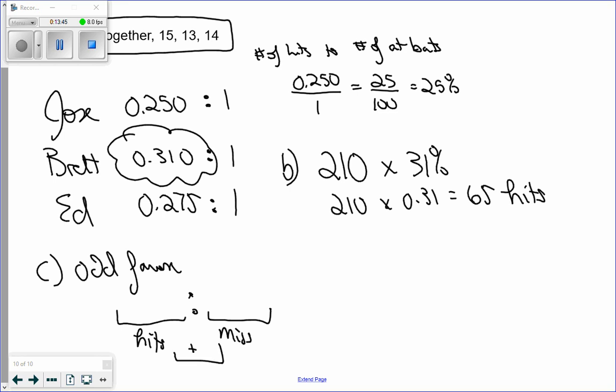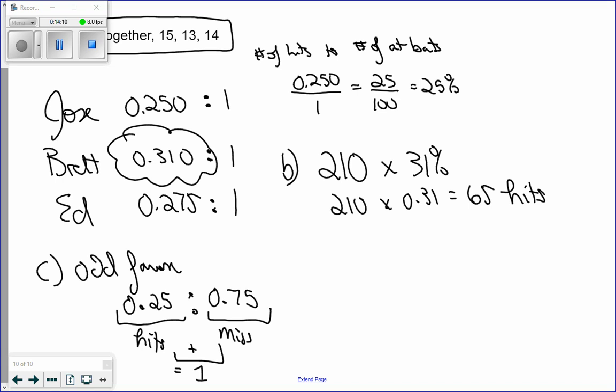They have to add up to give our total. Our total is 1, right? Because you either hit or you miss. So those two numbers have to add up to give 1 or 100%. So Jose hits 0.25 of the time, or 25% of the time, which means he misses how much? 75.